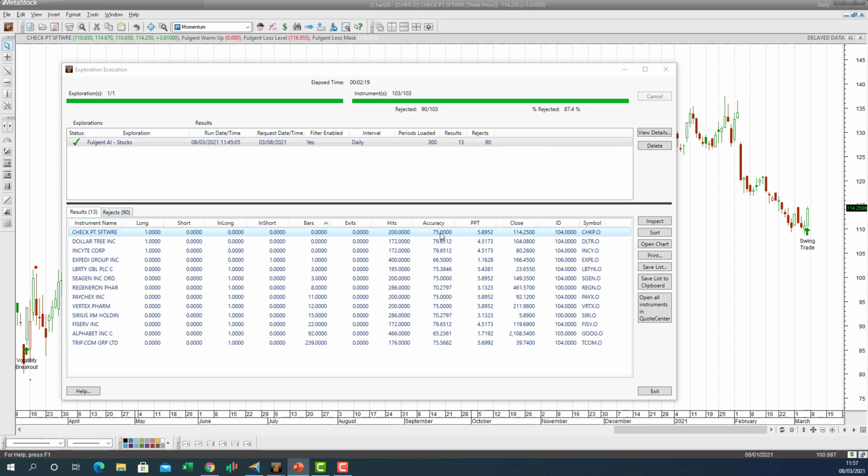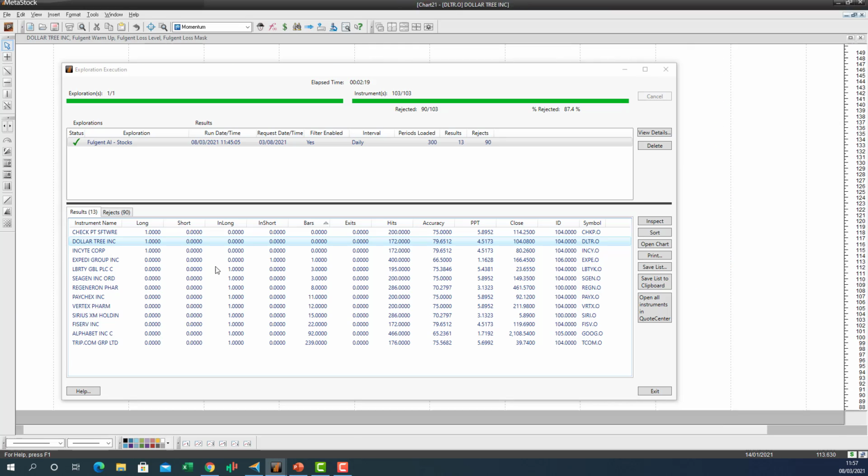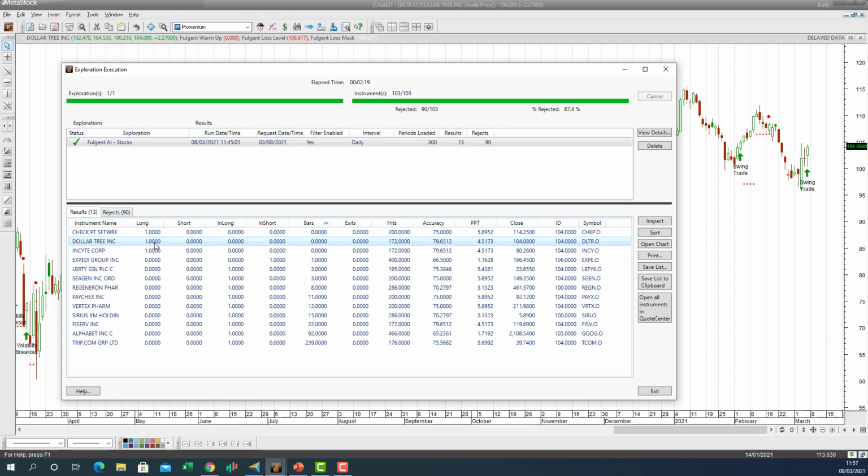This occurred 200 times in the testing period with 75% accuracy and 5.8% profitability. So it's quite a good return considering that it occurred 200 times with 75% accuracy. There's a classic swing trade situation, so there's plenty of time to look at that one. Dollar Tree is also a fresh signal, a classic swing trade.